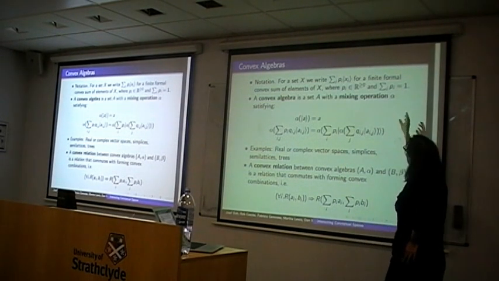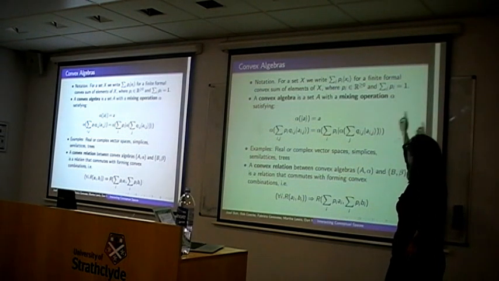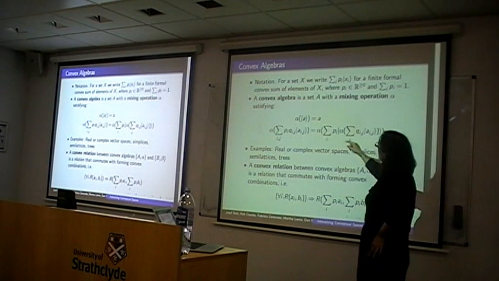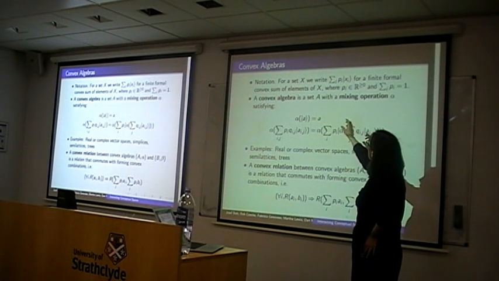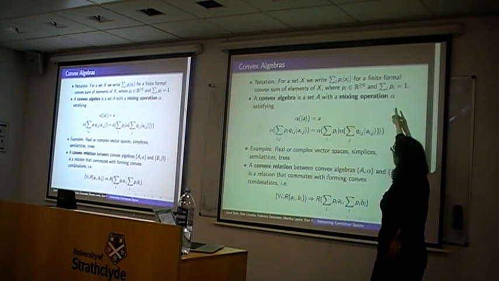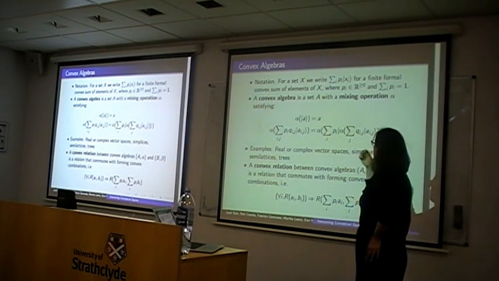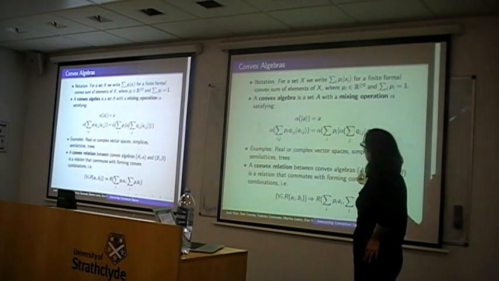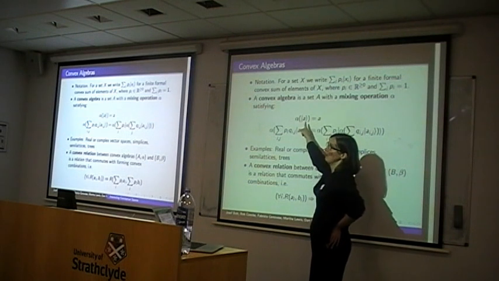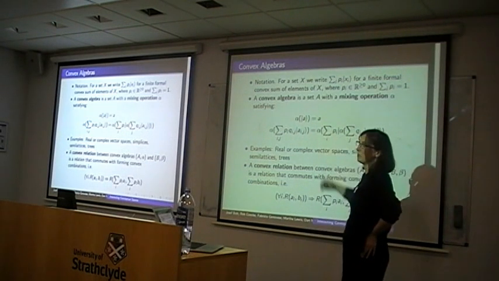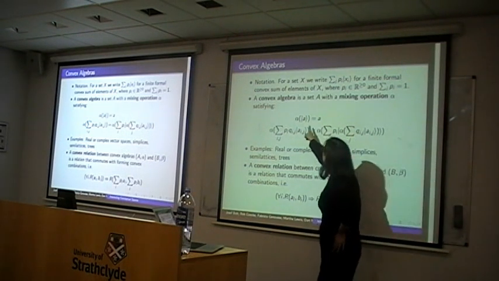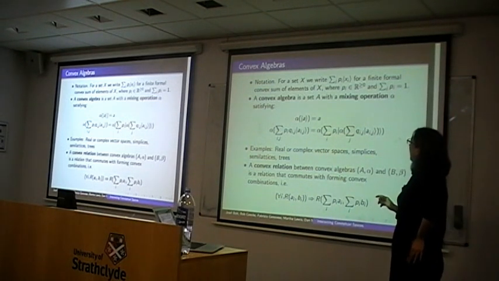And so we can make a convex sum of these elements, and then a convex algebra is one of these sets together with a mixing operation which satisfies the following constraints: that if you just do a mixture of one element, you get back the element you started with. So here it's considered formally, and here it's considered actually as itself.